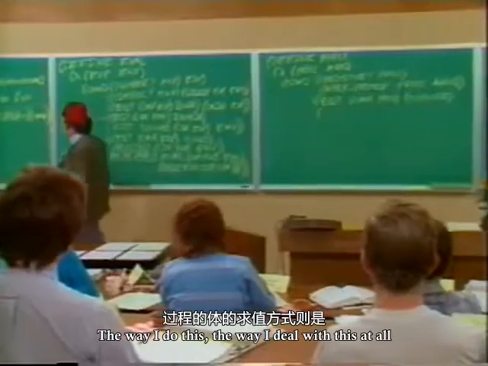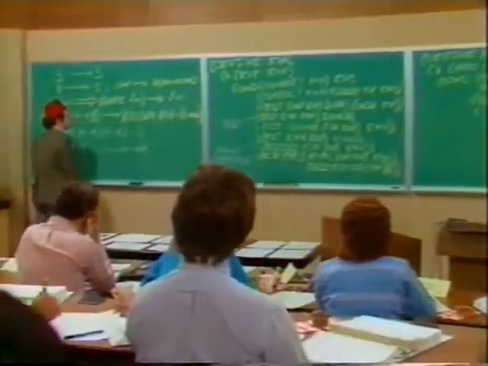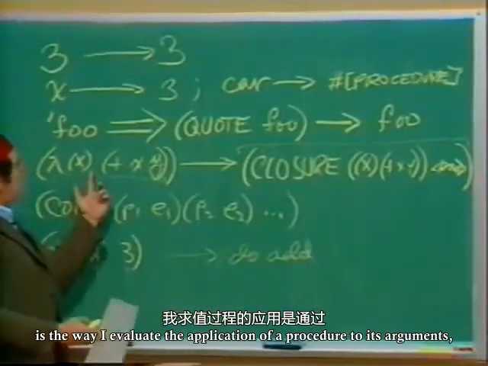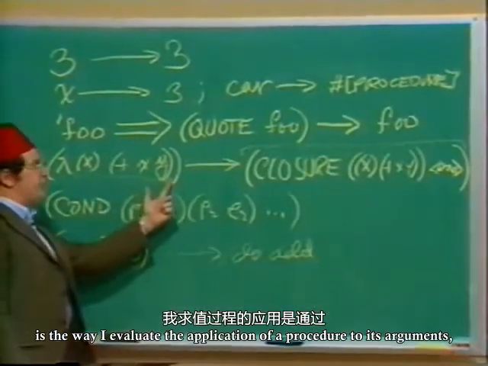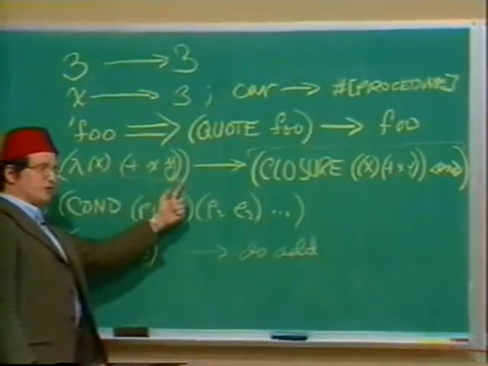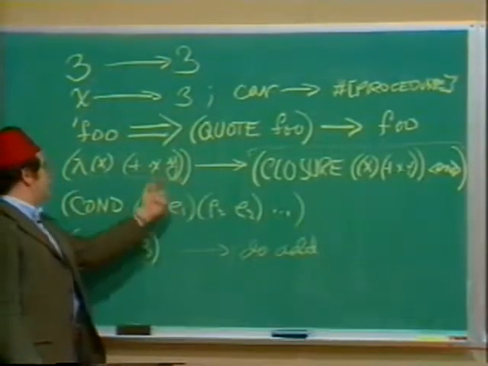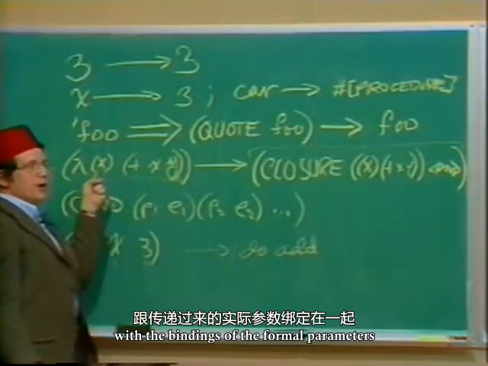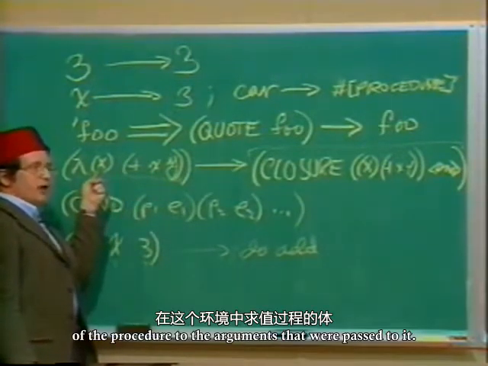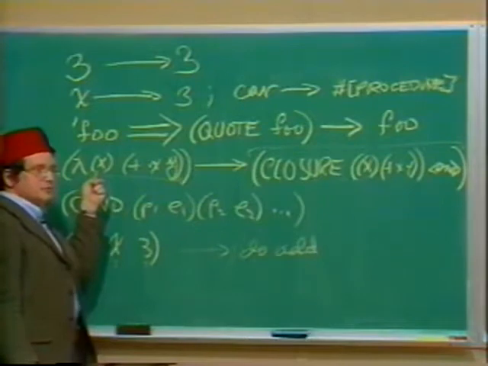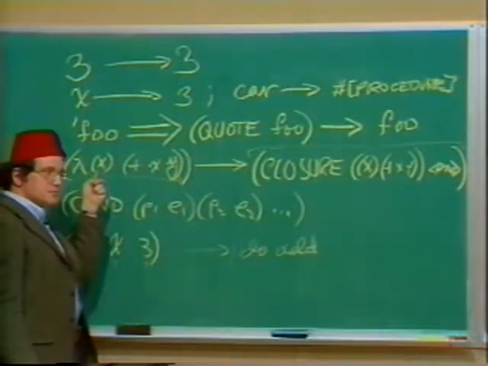The way I evaluate the application of a procedure to its arguments is by evaluating the body of the procedure in the environment resulting from extending the environment of the procedure with the bindings of the formal parameters of the procedure to the arguments that were passed to it. Long sentence.